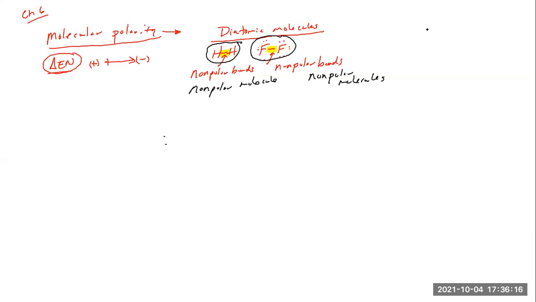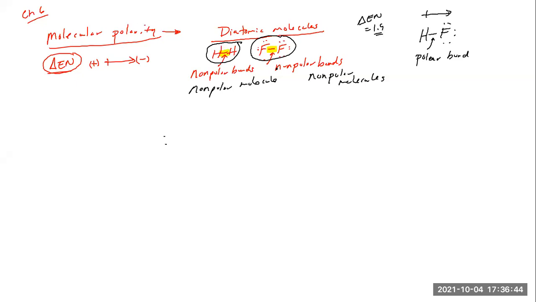Now, as we talked about with bond polarity, if we swap out a hydrogen for a fluorine, for example, when we look at this bond, this is definitely a polar bond. If you remember the difference in electronegativity, if we calculated it, it was something like 1.9, which is a polar bond. We could draw that arrow pointing towards the more negative side here, which is fluorine.